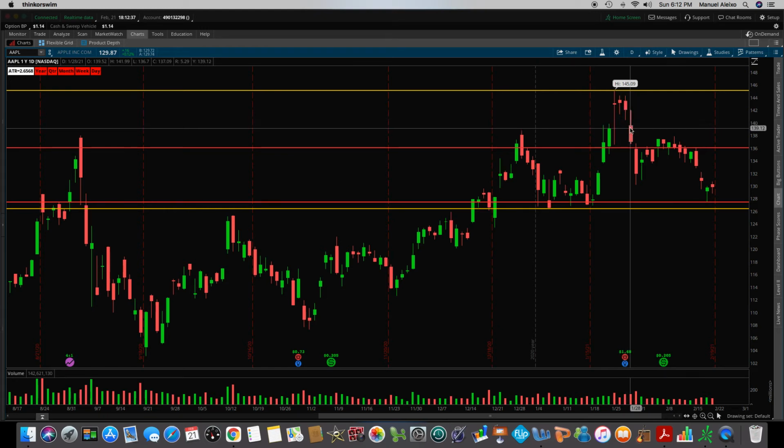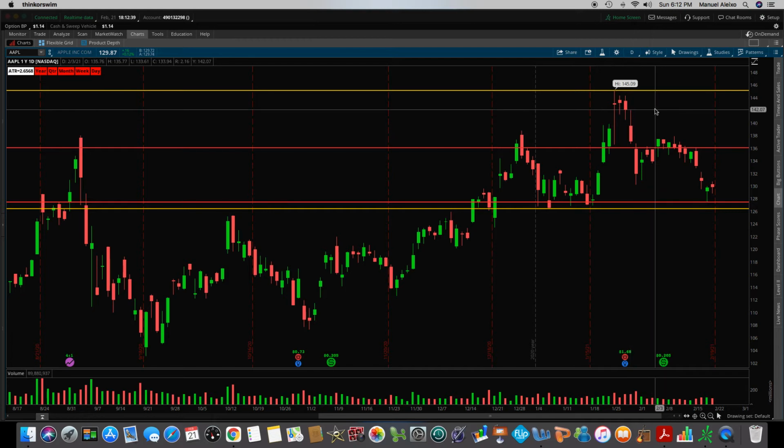Apple has pulled back quite a bit. So what I start doing is I start identifying the first areas of support after a large run like this. As you can see, when Apple was at $145.09, it was a bit extended, meaning that it was a bit of a parabolic move. Stocks don't just go up, well, I'm not going to say that. Cryptocurrency's been doing that.